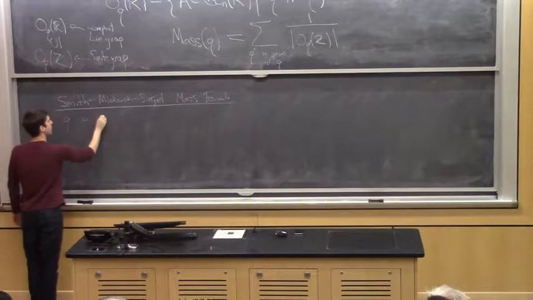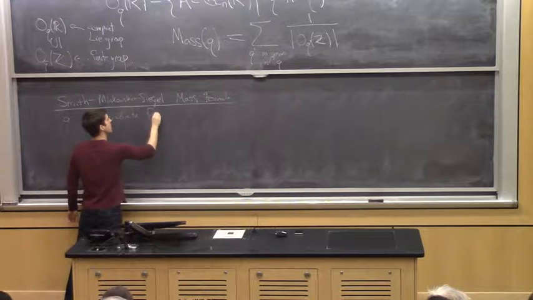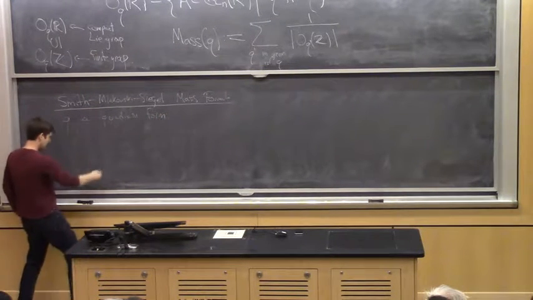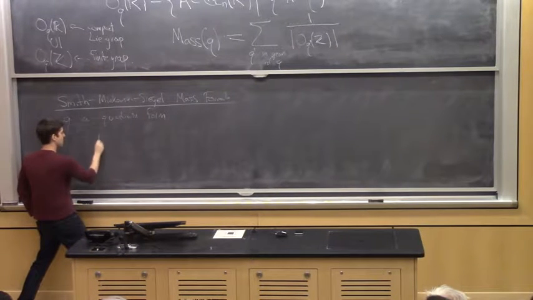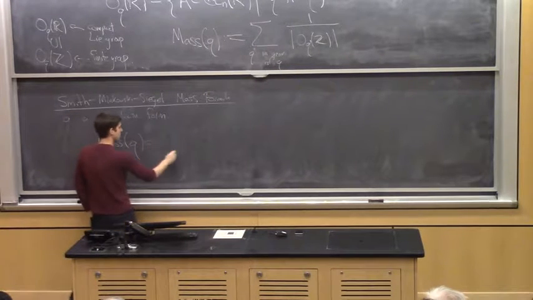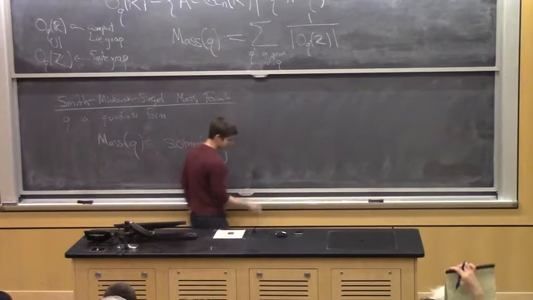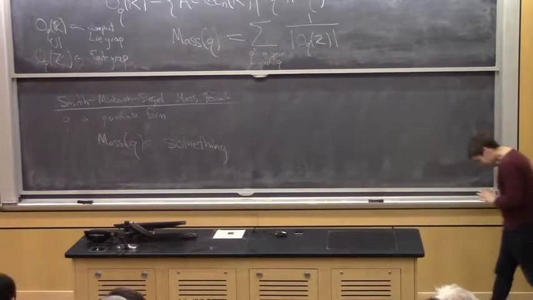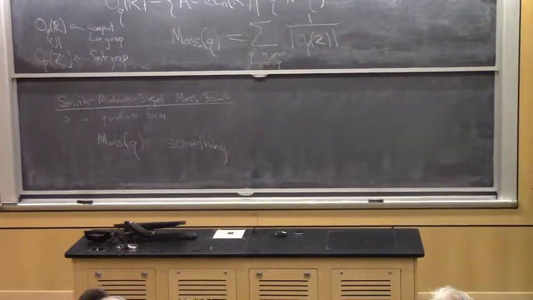So Q, a quadratic form, again, over Z, integer coefficients and so forth, over Z and positive definite. And the Siegel mass formula says that the mass of Q is equal to something. Of course, this is not a complete statement of the Siegel mass formula. Anyone could have told you that, but it's equal to something specific.